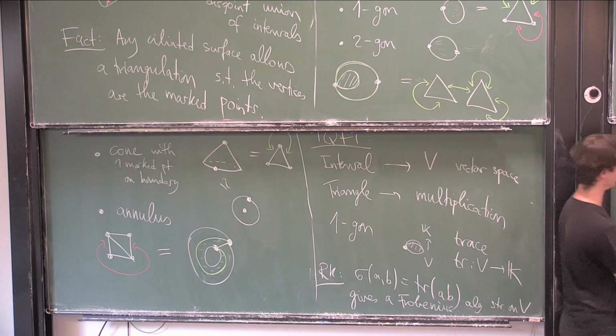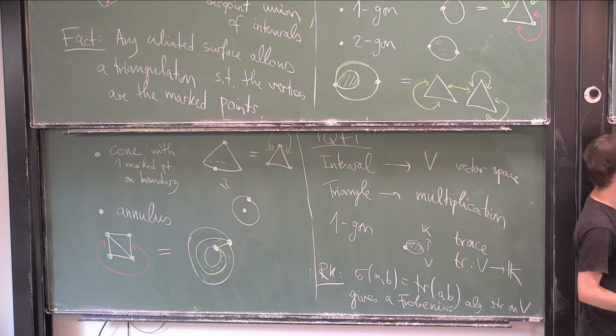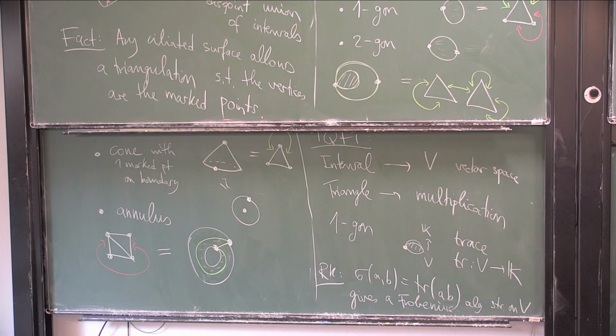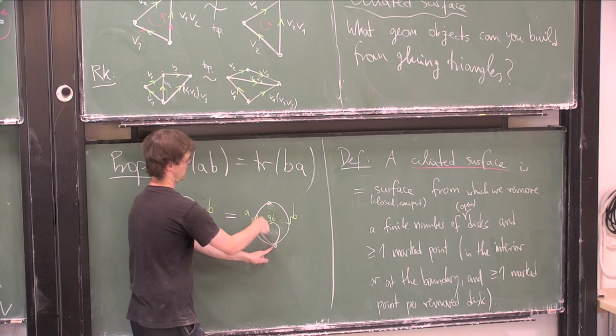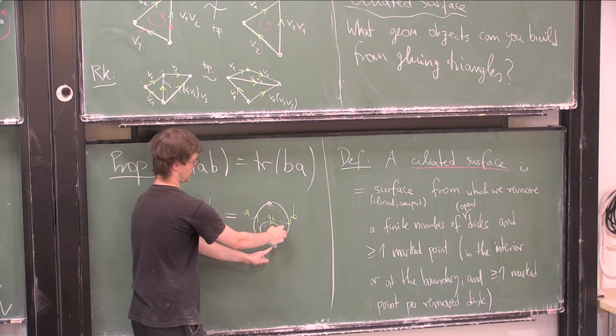Because when I do a multiplication, I need a triangle. So here I have my triangle. Right, I can go from this point to itself via A, B, or I can go just around this loop and then I have A times B. I use this triangle here.